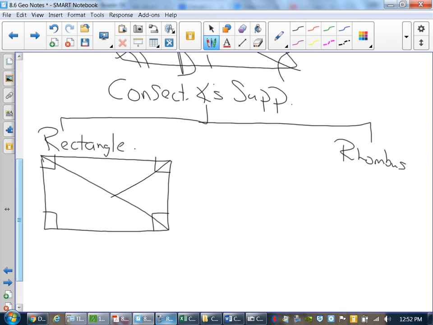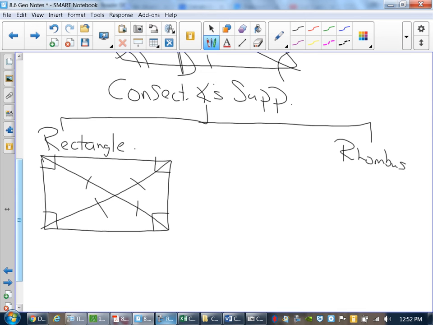Since it's a parallelogram, the diagonals bisect each other, but more specifically, the diagonals are what? They're equal to each other. So the diagonals are congruent to one another, which means that you get four congruent parts. That's what made the rectangle more specific than the others.